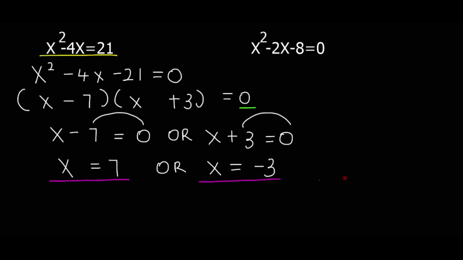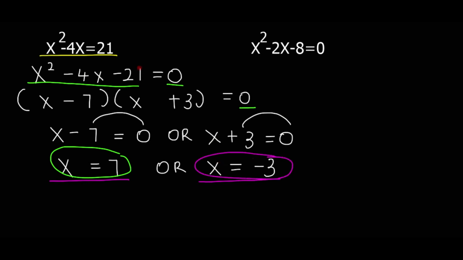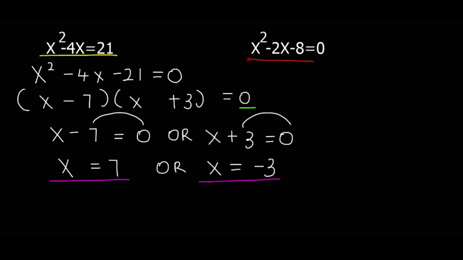If you want to prove your answer, you can take x equals 7 and substitute it, and it should give 0. We do the same thing with x equals -3, substitute here, and it should give 0. If it does not give 0, it means it's not correct. Anyway, let us look at this one.